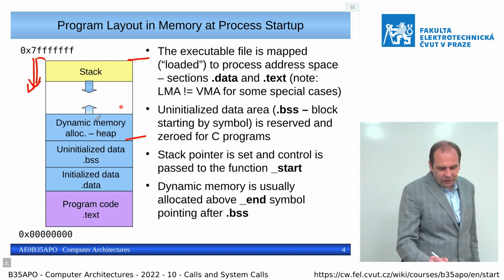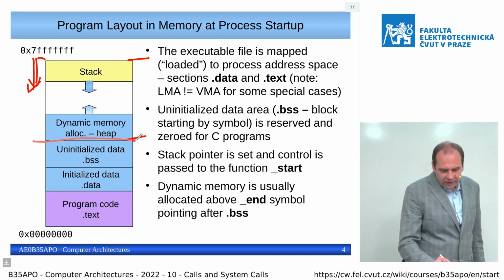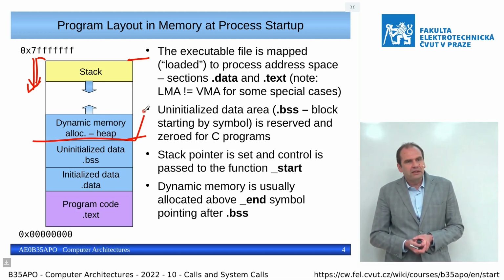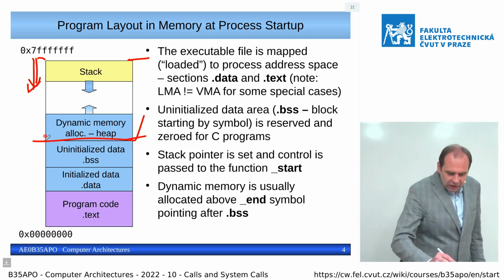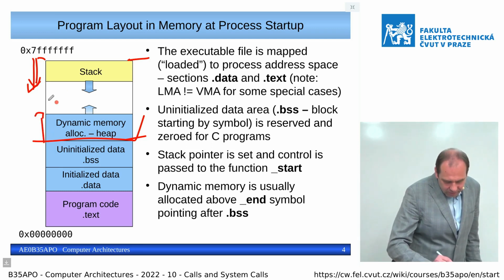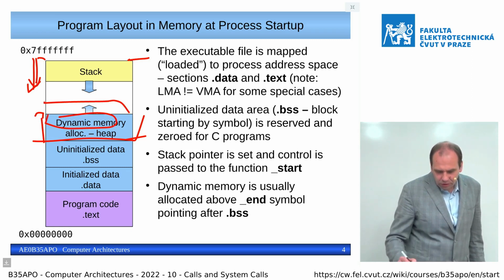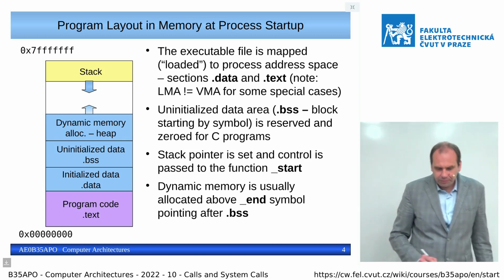And then you have the rest of the memory which is used as the heap, which is used for dynamic allocation. So if you do a malloc, then the operating system usually increases the area which is accessible to your program, and you allocate blocks of memory from the heap.